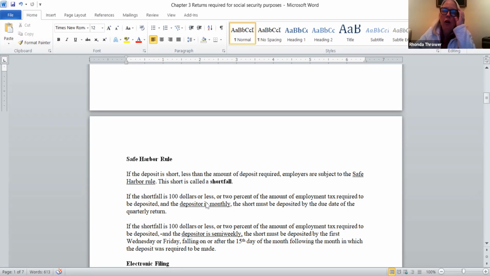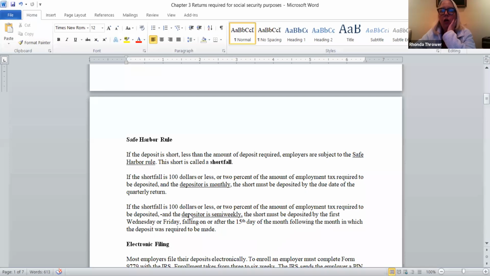If the shortfall is $100 or less, or 2% of the amount of the employment tax required to be deposited, and you are a monthly depositor, the short must be deposited by the due date of the quarterly return.